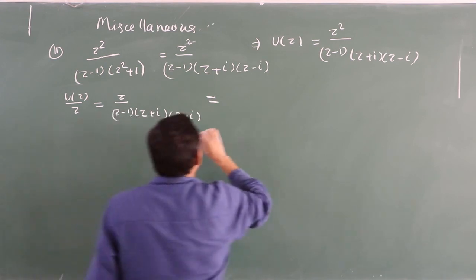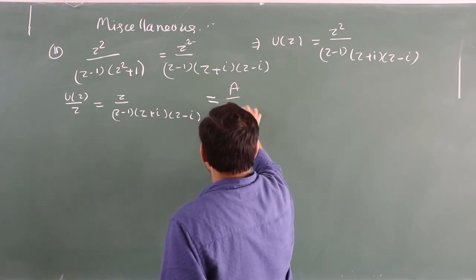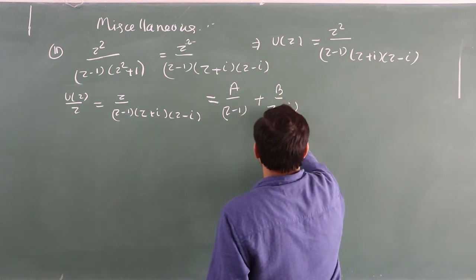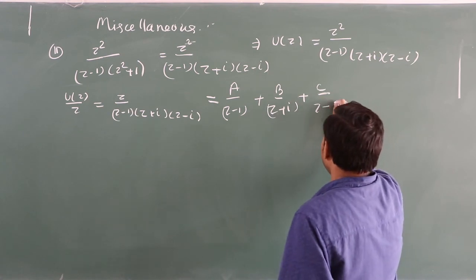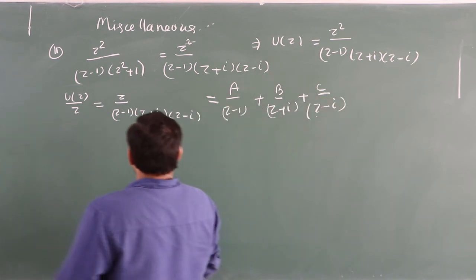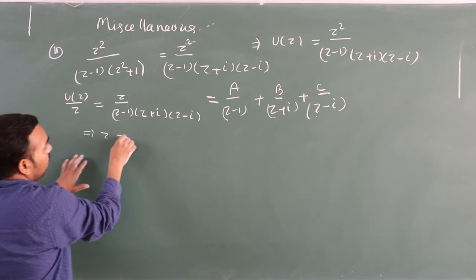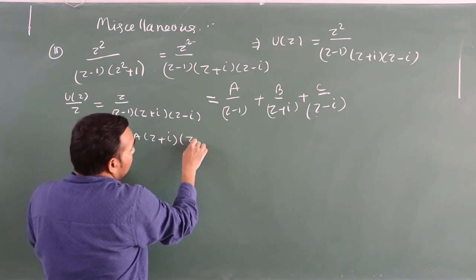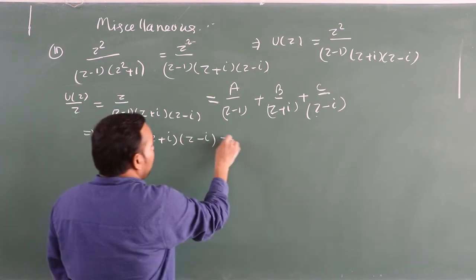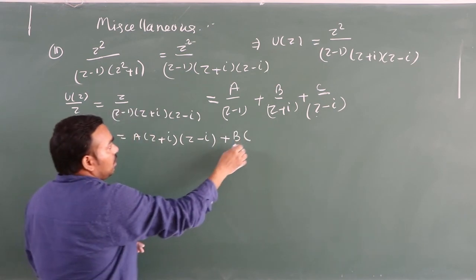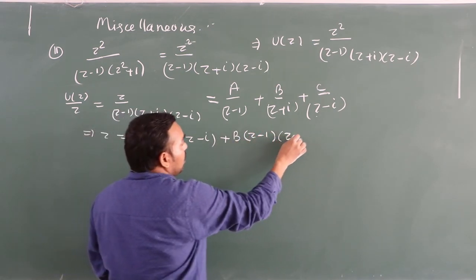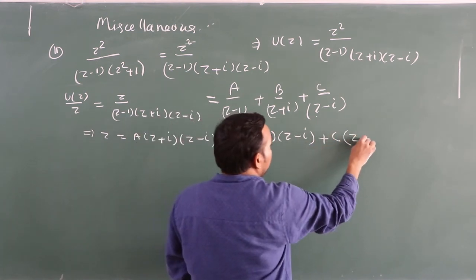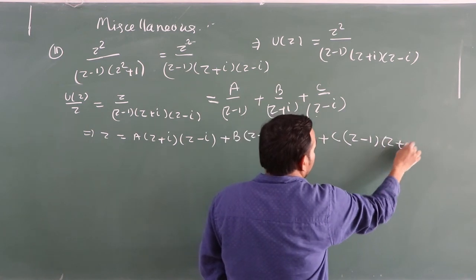Now write it in the form A upon (z minus 1) plus B upon (z plus i) plus C upon (z minus i), or simply z equals A (z plus i)(z minus i) plus B (z minus 1)(z minus i) plus C (z minus 1)(z plus i).